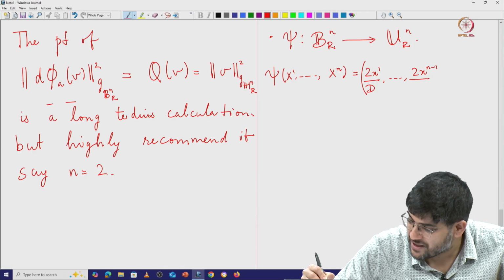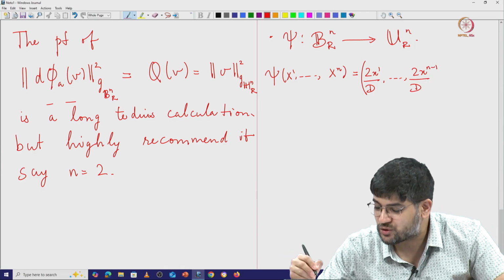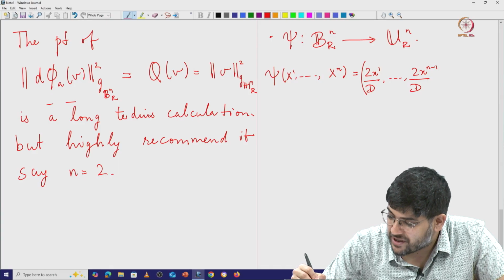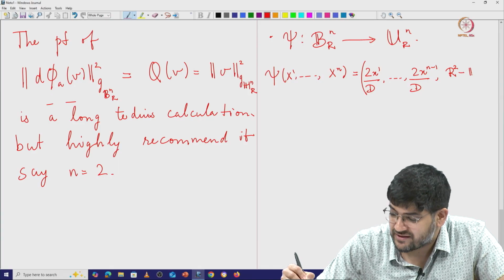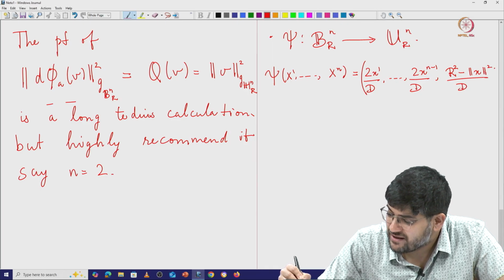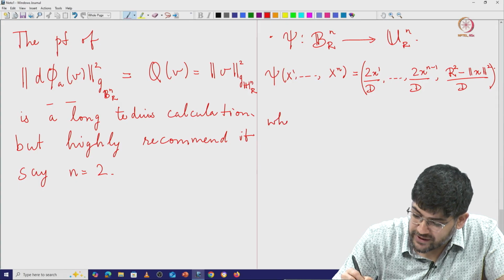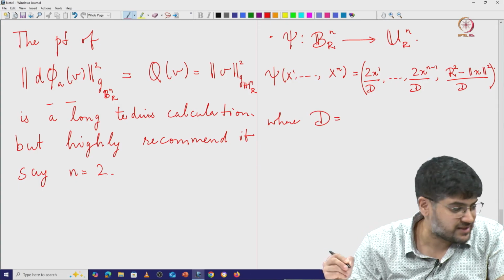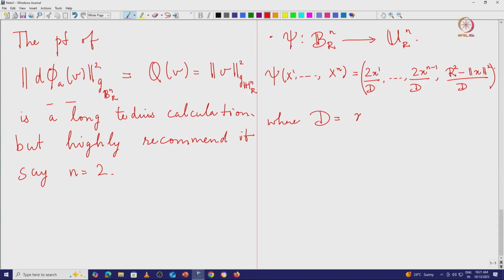So up to the first n minus 1 coordinates, it's just 2xi divided by d, and the last coordinate is (r squared minus the norm x squared) by d, where d is the quantity x1 squared etcetera up to x(n minus 1) squared plus (r minus xn) squared.